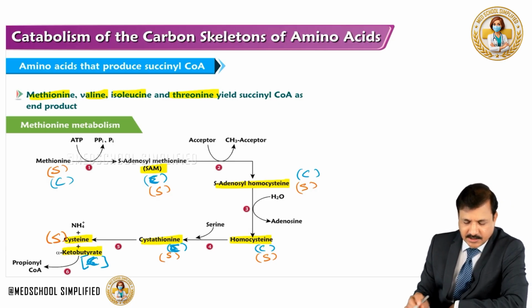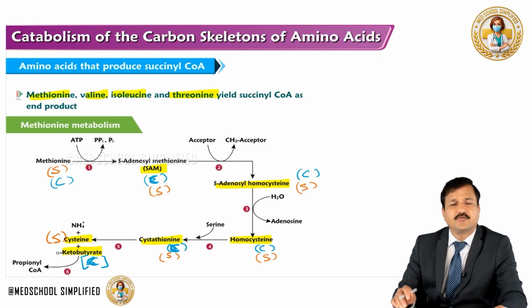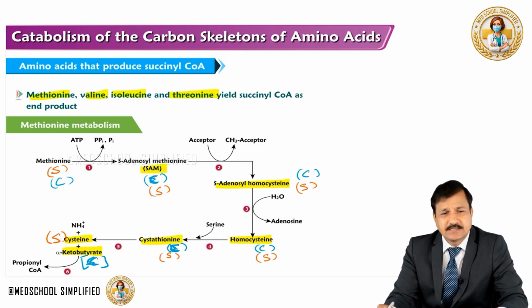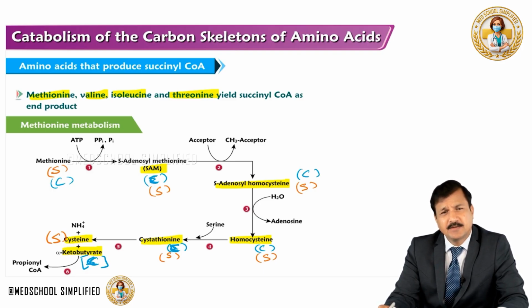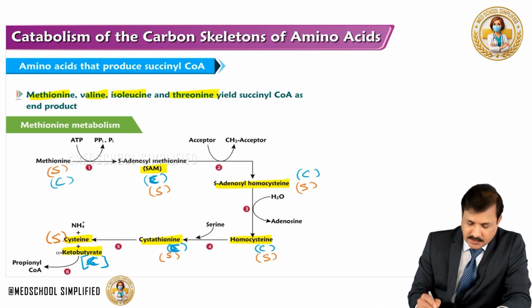That means methionine is the donor of sulfur that is present in cysteine. What about the carbons of cysteine? Carbons of cysteine are actually coming from serine. Let me write that also here. I am going to color carbons of serine with a violet color.